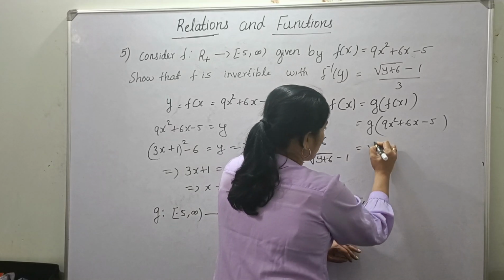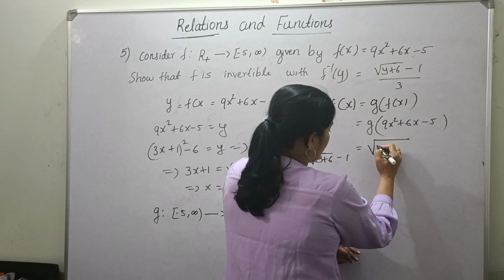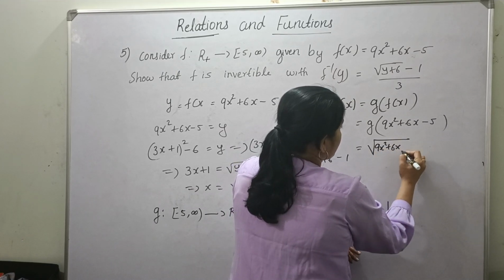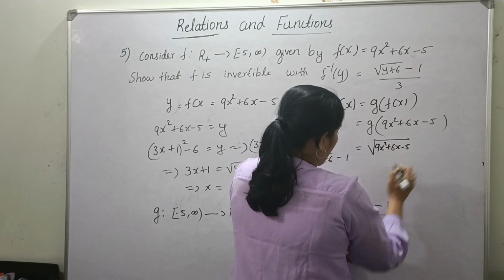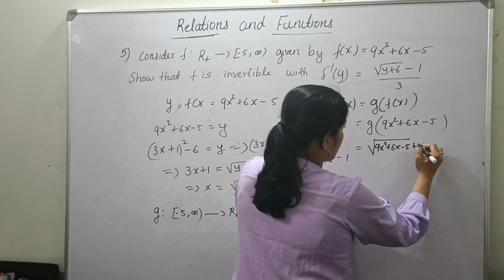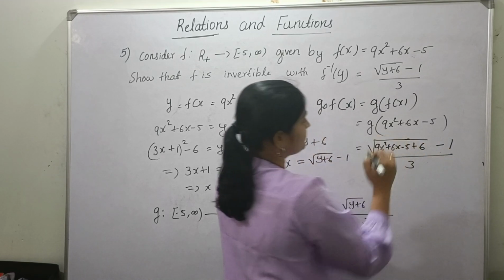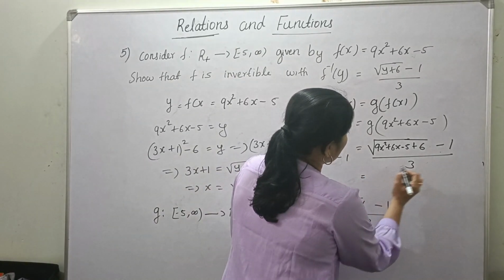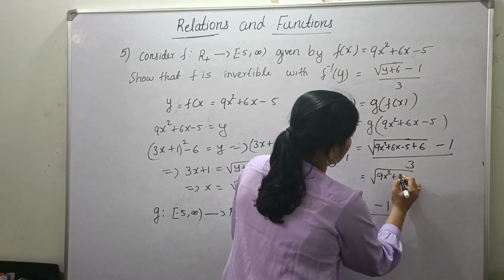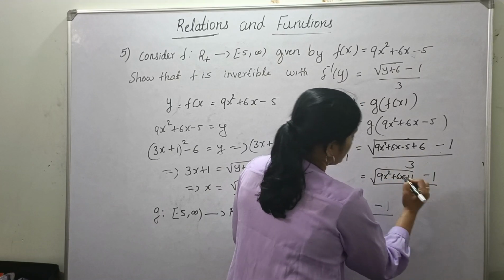Therefore, square root of, in place of x, we substitute this one, that is 9x square plus 6x minus 5, plus 6, minus 1, divided by 3. That is equal to square root of 9x square plus 6x plus 1, minus 1, divided by 3.